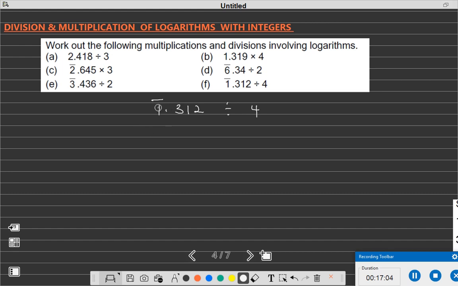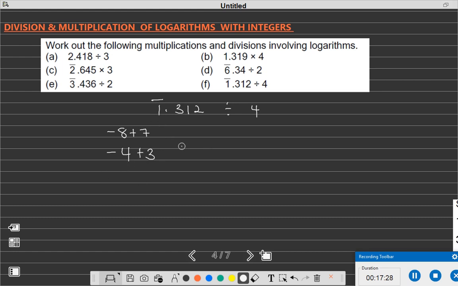We can say minus 8 plus 7. That is a minus 1. Not so? We can say minus 4 plus 3. It is still minus 1.